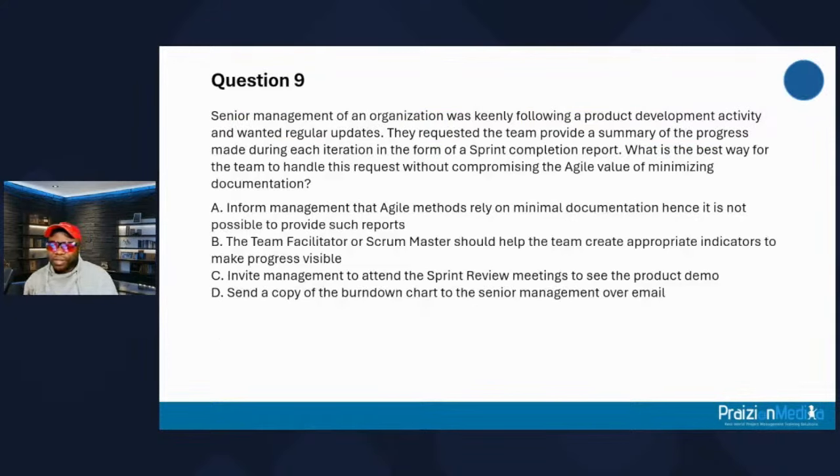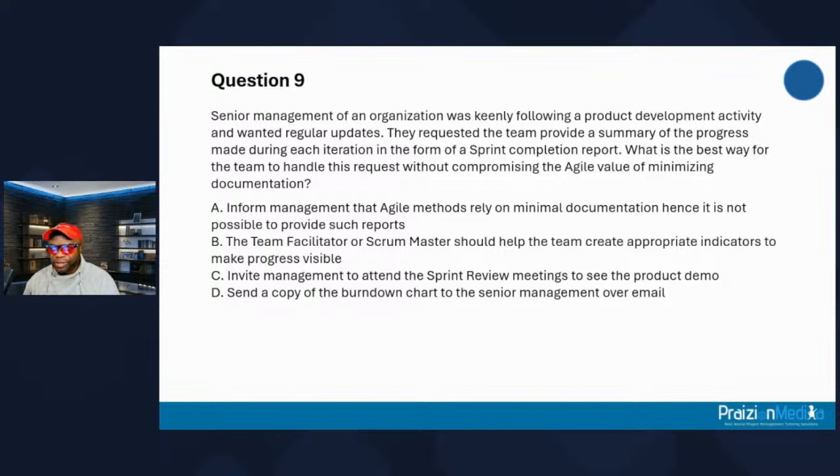Question 9. Senior management of an organization was keenly following a product development activity and wanted updates. They requested the team provide a summary of the progress made during each iteration in the form of a sprint completion report. What is the best way for the team to handle this request without compromising the agile value of minimizing documentation? A. Inform management that agile methods rely on minimal documentation, hence it is not possible to provide such reports.